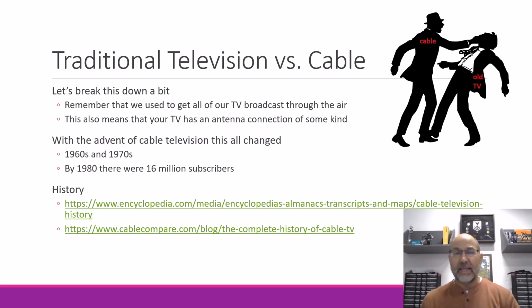One of the key ideas here is that the modulation techniques that were used were a little bit different than the modulation techniques used today. And so every TV had an antenna attached to it of some kind. And your local broadcast television, for me it was 3, 5, and 9, and then channel 24 for public broadcasting. These were your standard television channels, all broadcast through the air, all on particular frequencies. And then your TV tuner actually was tuning to a particular frequency.